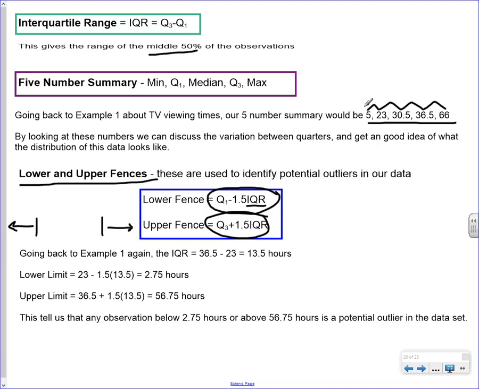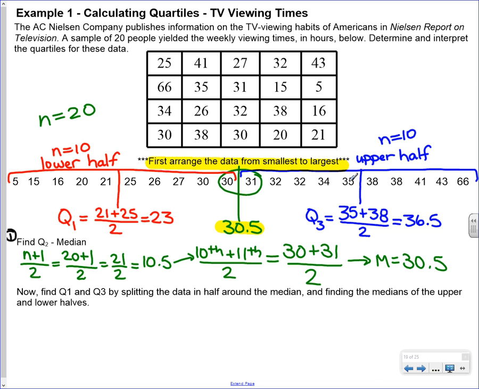So is 5 an outlier? It goes from 5 and then to 15. Is 5 far enough away from 15 to be considered an outlier? What about 66? It's pretty far away from 44. Is that an extremely high TV viewing time or not?